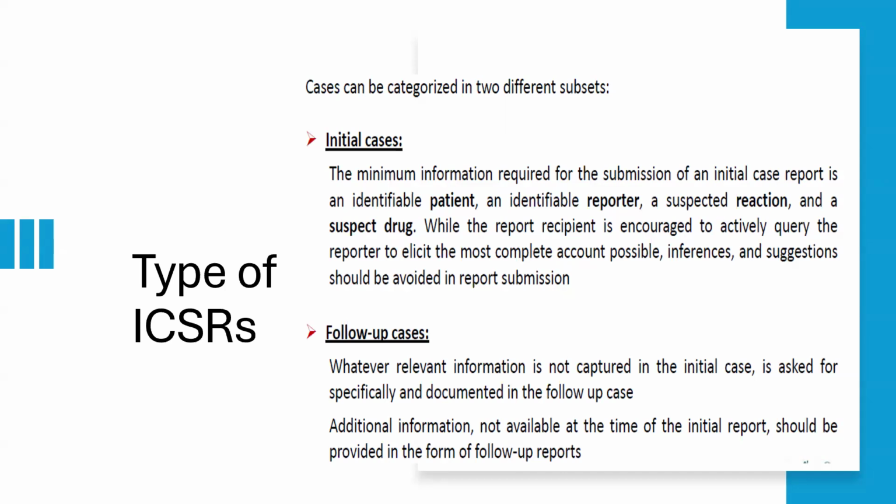Then we also conduct a follow-up to receive the missing information. Maybe we know there is a valid patient, but we do not know the gender of the patient, so we can conduct a follow-up to get the gender.